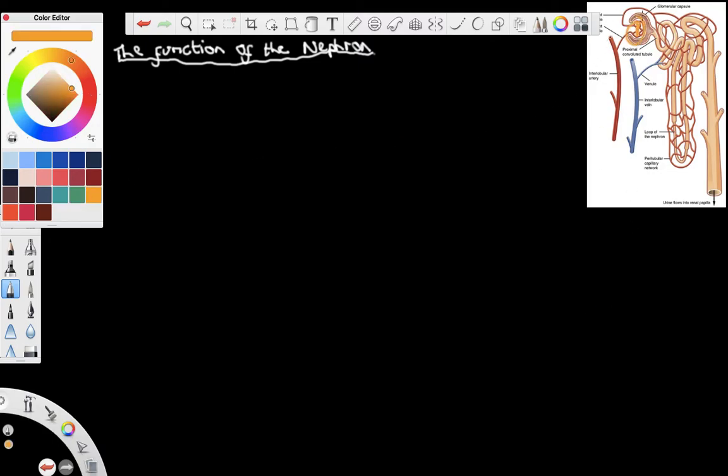Number one, we're talking about the Bowman's capsule. Number one, we can say, is the formation of the glomerular filtrate.